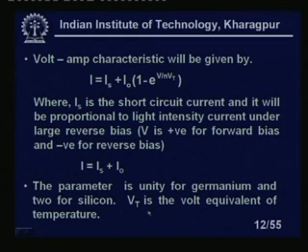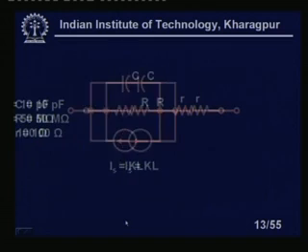V is positive for forward bias and negative for reverse bias. The parameter eta, I should write here eta, is unity for germanium and 2 for silicon. Okay. This is eta, not N, please note. The parameter eta is unity for germanium and 2 for silicon, and Vt is the volt equivalent of temperature, right.